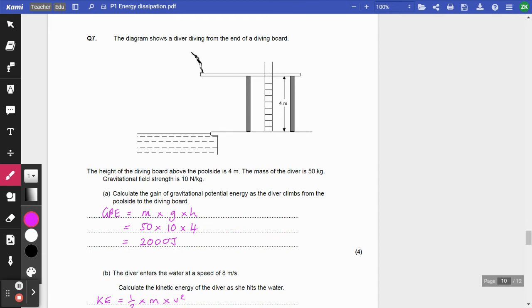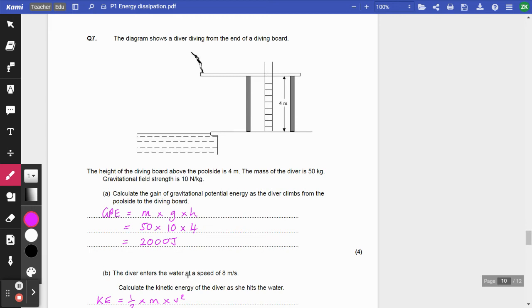The mass is given to us as 50 kilograms. The gravitational field strength is given as 10, not 9.81, but we use the value that's given, 10. And the height, as we've mentioned, below the board is 4 meters. So it's 50 times 10 times 4, which is 2000. And the unit, don't forget, joules.